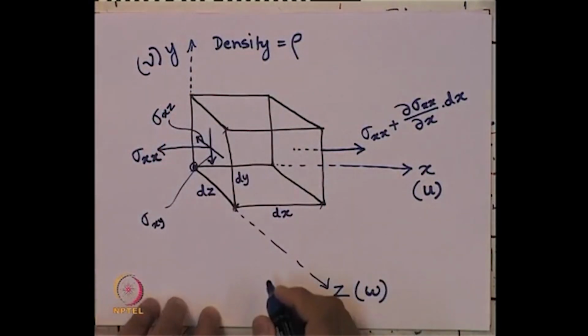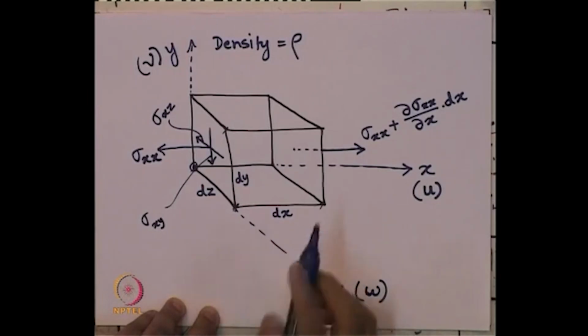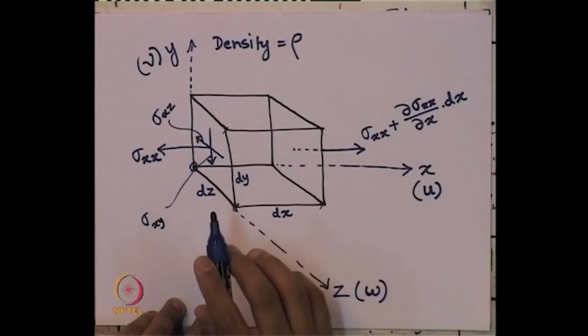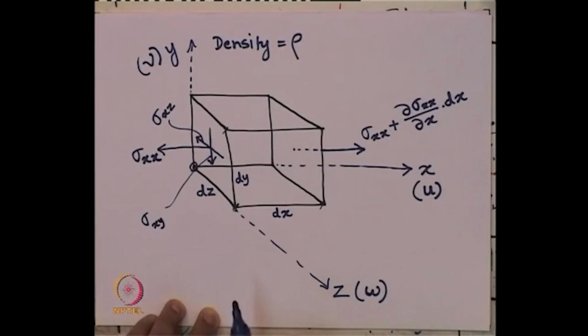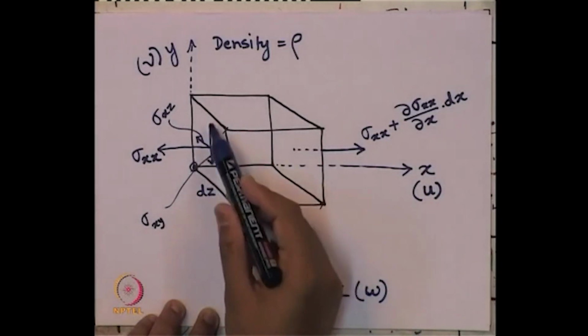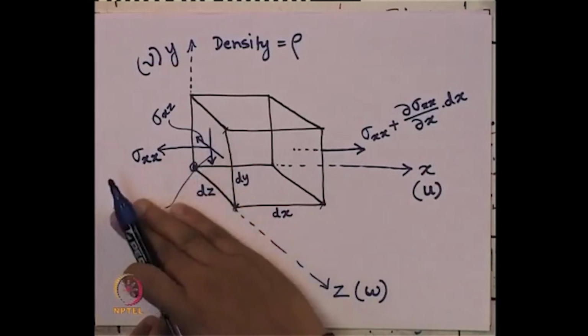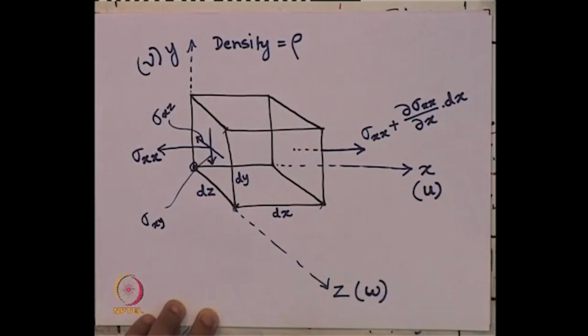Now, as I said, let us first concentrate only on the direction of wave in the x direction only. So, we will be interested to know all the stresses acting in x direction. Now, this is not in x direction, this is not in x direction. So, we need not consider these at this moment, because we are only considering the x direction stresses. So, what are the x direction stresses?